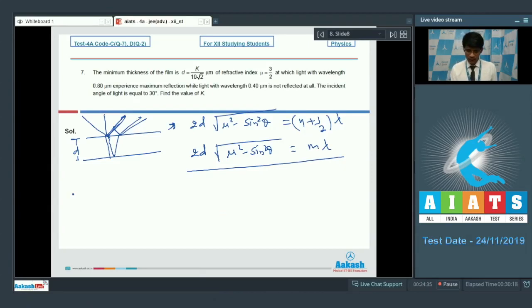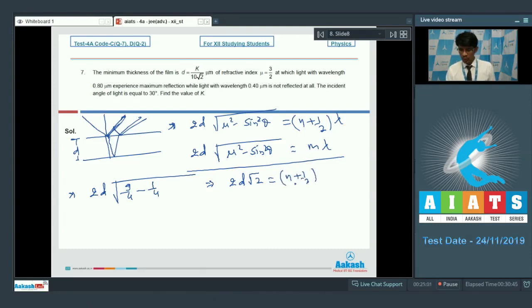Taking care of these two parts, it is 2d here, mu, we already had the answer for mu, that is 9 divided by 4 here, sine square theta, theta being 30 degree, it is 1 by 4, or it is 2d, this part is 9 minus 1, 8 divided by 4, it is root 2. So this portion is n plus 1 by 2.